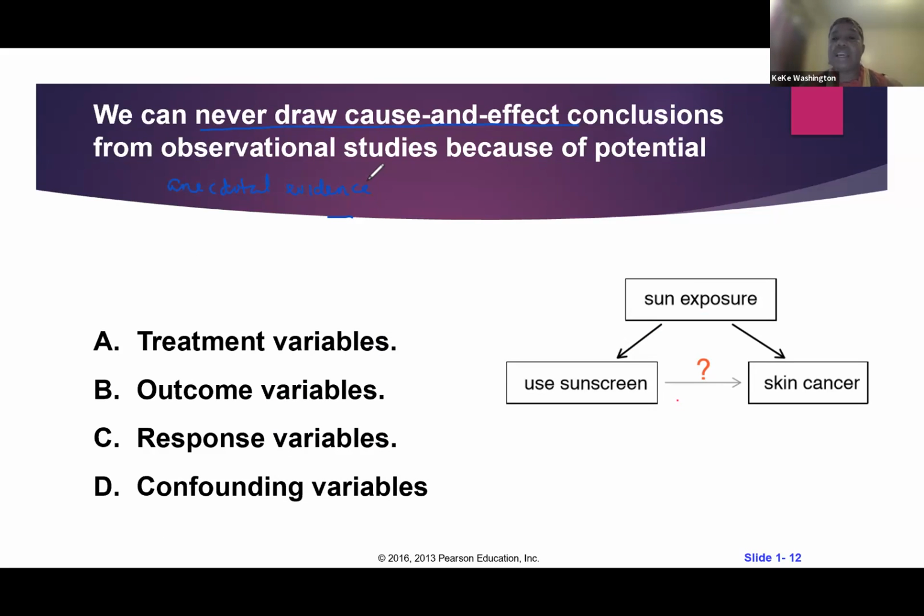And the reason being is that we can say, oh, sun exposure, that's our input. Okay. So whether you're using sunscreen or not, or does the sun exposure itself cause cancer? You're asking yourself, well, is it the sun itself, the exposure to the sun, or is it this other variable that might be out there, the use of sunscreen?